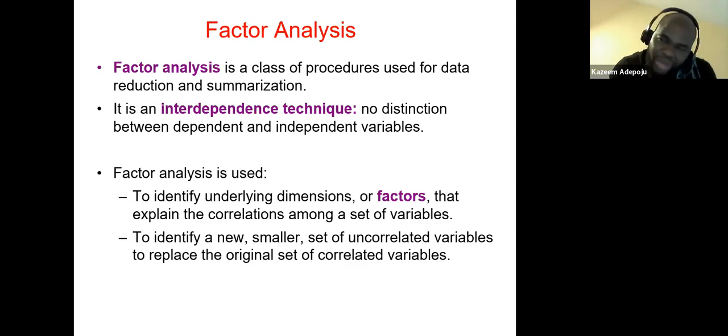Something caused something to happen. In factor analysis, we want to identify factors that cause correlation among the set of input variables. And that's exactly what this is talking about: to identify underlying dimensions of factors that explain the correlations among a set of variables.